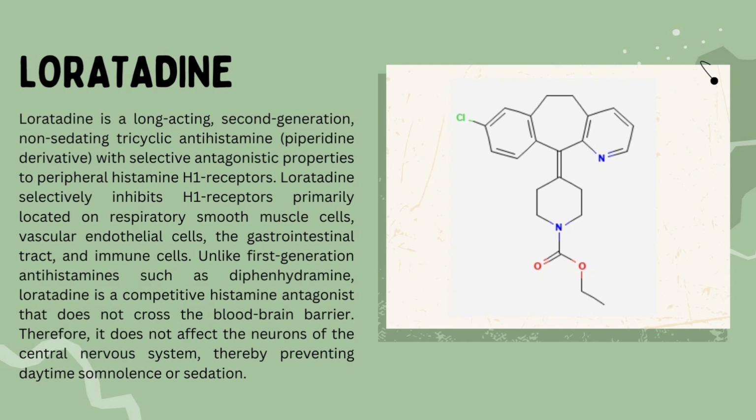Unlike first-generation antihistamines such as diphenhydramine, loratadine is a competitive histamine antagonist that does not cross the blood-brain barrier. Therefore, it does not affect the neurons of the central nervous system, thereby preventing daytime somnolence or sedation.